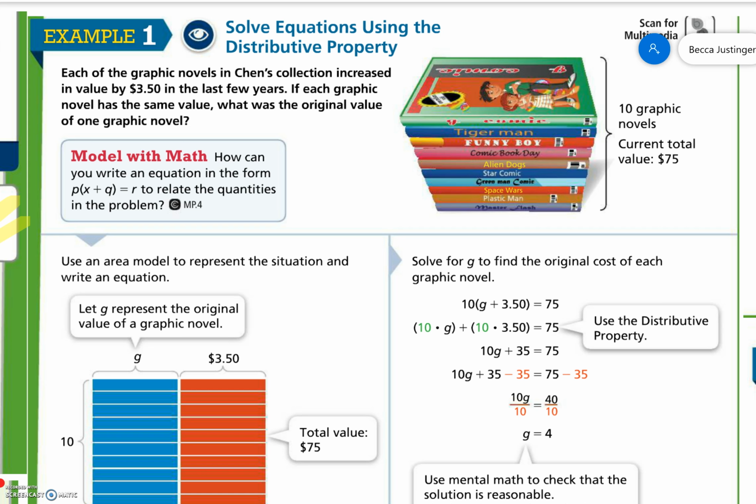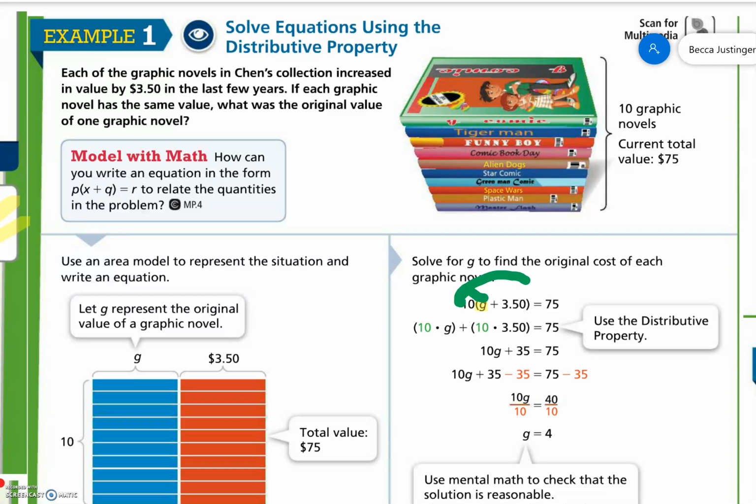So they used to cost a certain amount, and we don't know what that amount is. That's why we're going to use a variable, g, but we know that there's 10 of them, and we know that they each increased by $3.50. So that's why inside the parentheses we have g plus $3.50, and outside we have 10, because whatever that original price plus $3.50 times 10 equals the 75.